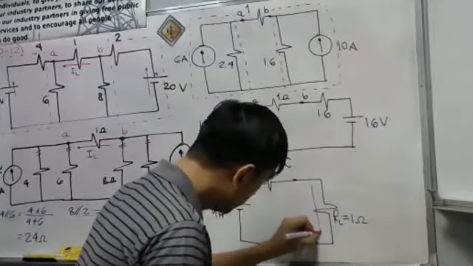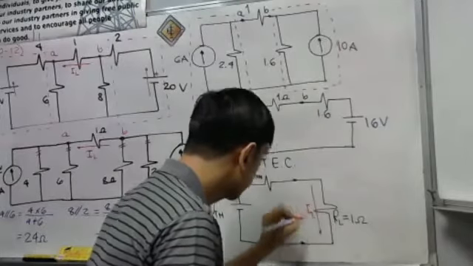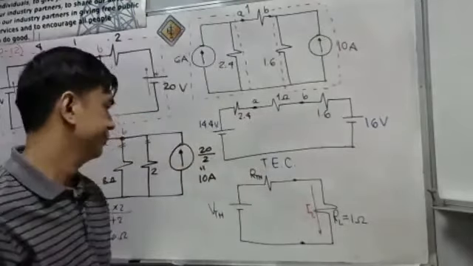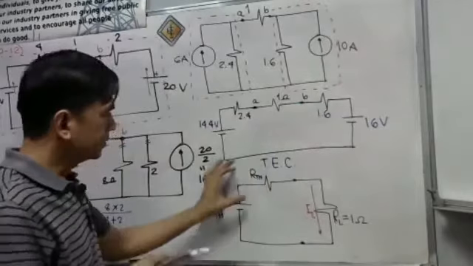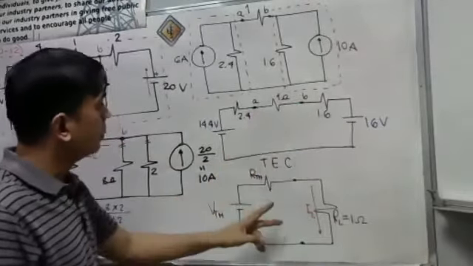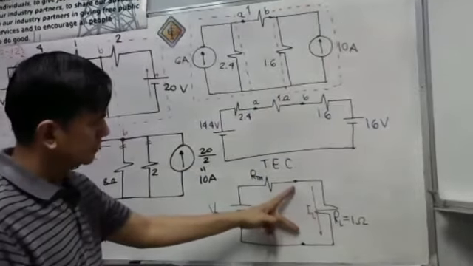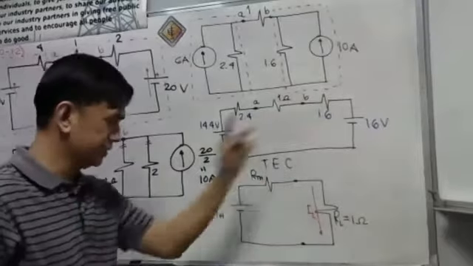Then we have here our load current. What about the RTH? Remember, we have points A and B here. These are the 2 points.